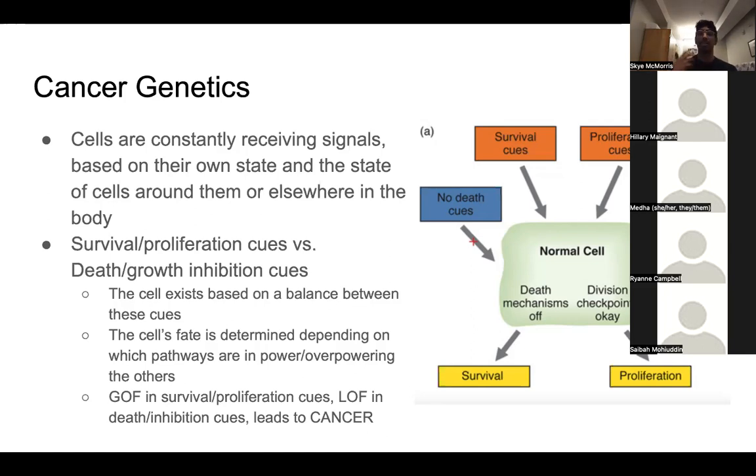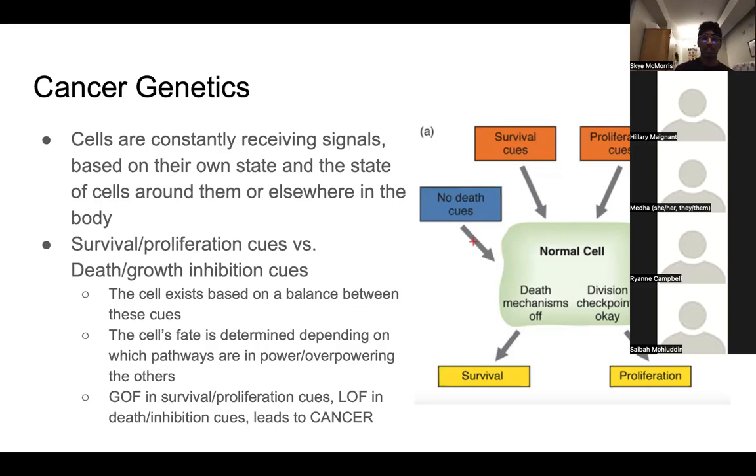Ideally, for a healthy cell, that's where it's supposed to be and doing what it's supposed to be doing. The survival cues, at least, should be balancing out or overpowering the death cues. So this is what we were talking about earlier.